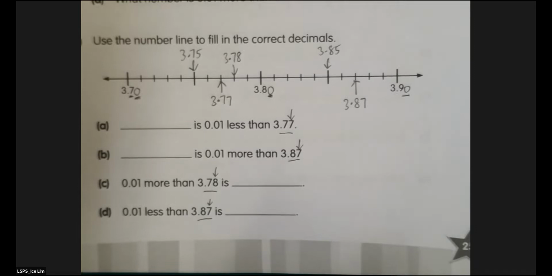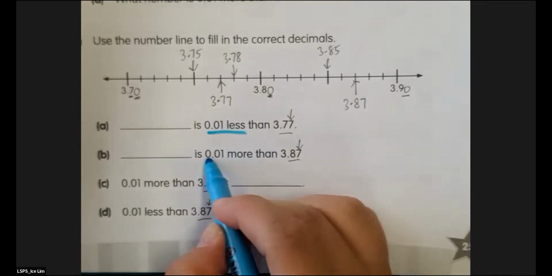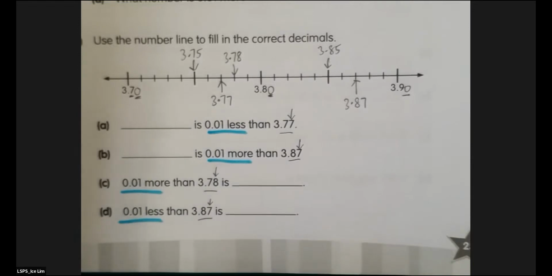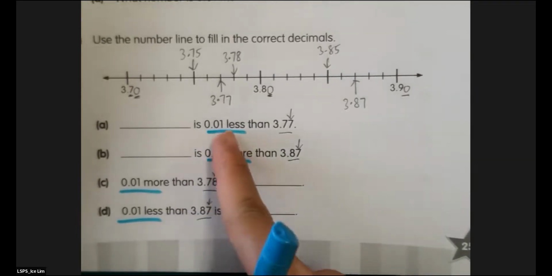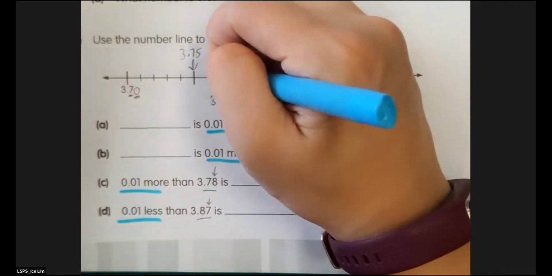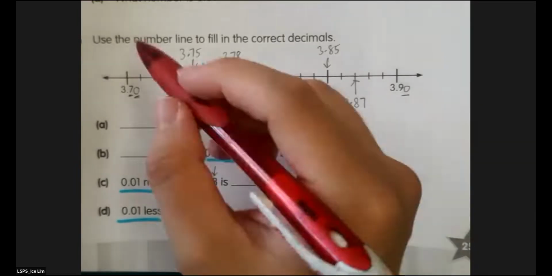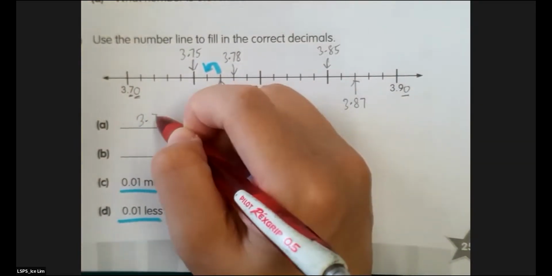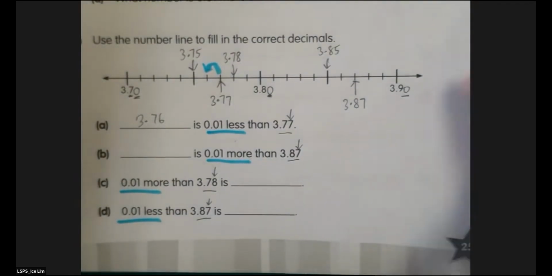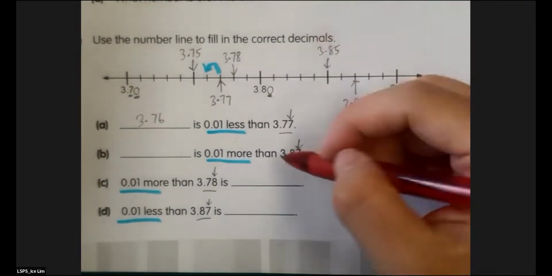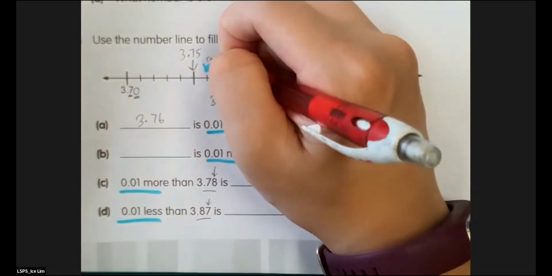Now, in this question, you realize that all these are using 0.001. So if I look at 0.001 less than 3.77, I'm going this direction. Less than, so I've got 3.76. 3.87, so this is A.